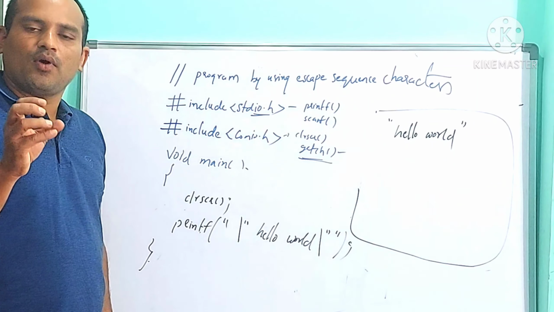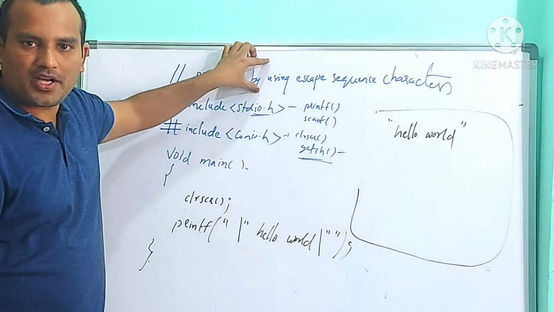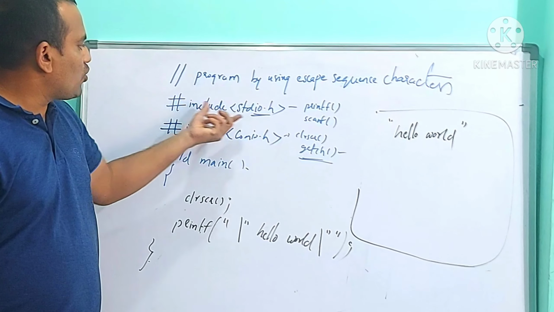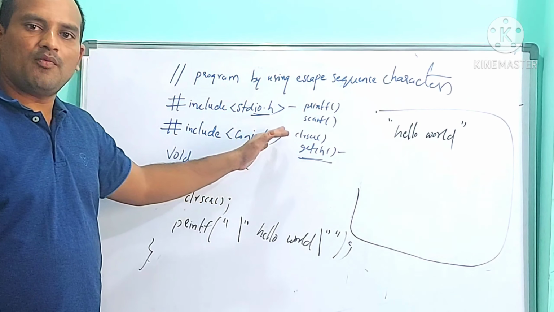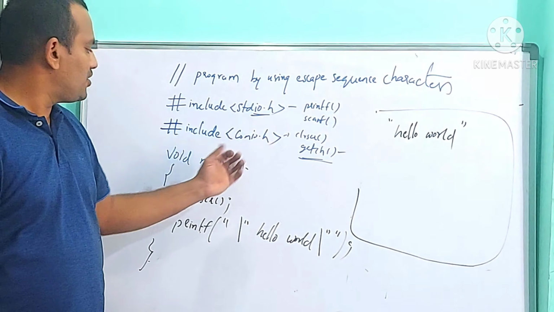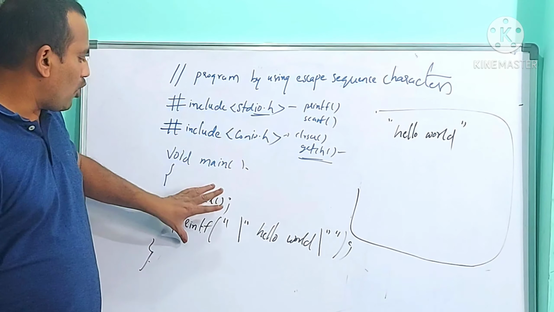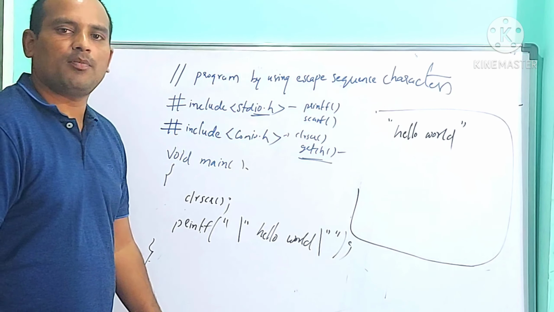Remember, my dear friends, while writing a program there are a few mandatory steps. Documentation you write, some information about the program using double slash, and #include stdio.h is mandatory. #include conio.h you also write, no problem, which contains the meaning of CLRSCR and getch. Then the main function, open curly brace, close curly brace. This is called the body of the main function. In this body we can write any number of steps. Those are going to solve our problem.